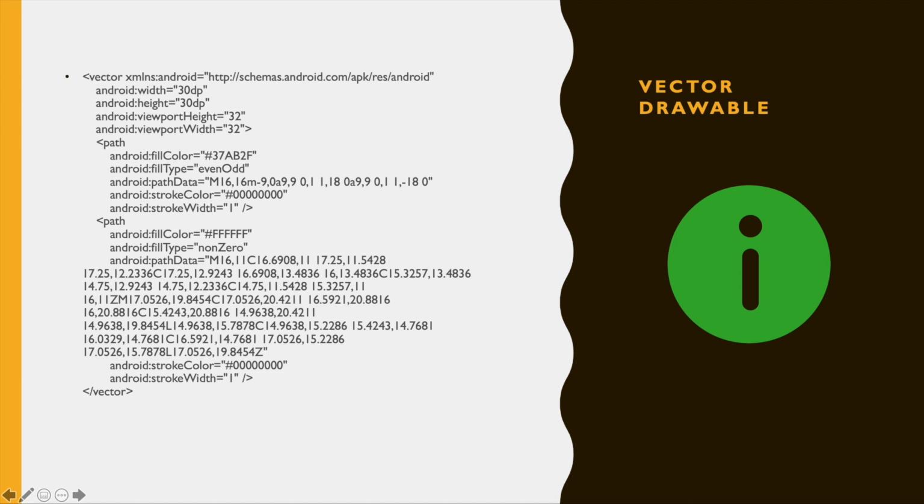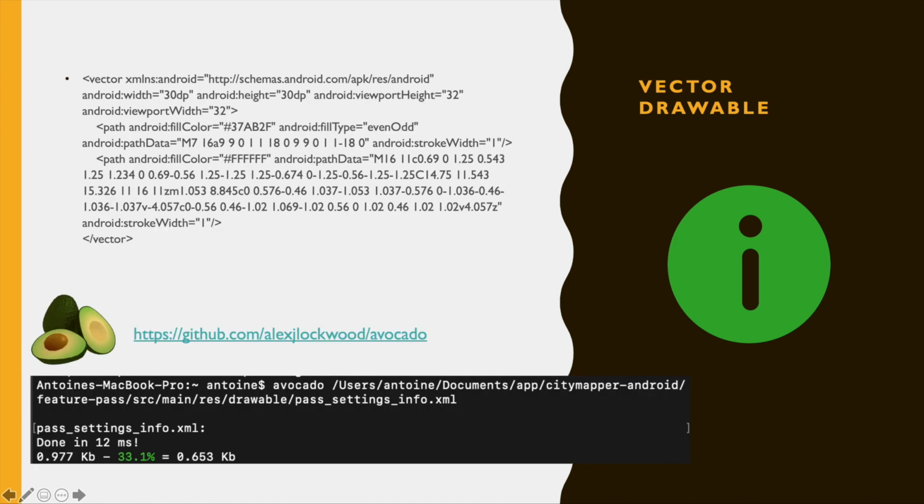If you want to optimize this even more, you can use Avocado. The XML file at the end will be even smaller while giving the same image. For example, with this example, it's 53% smaller. So it's also a lot.